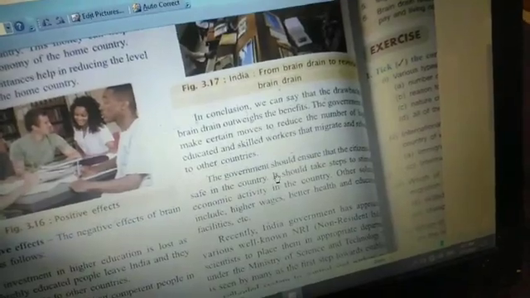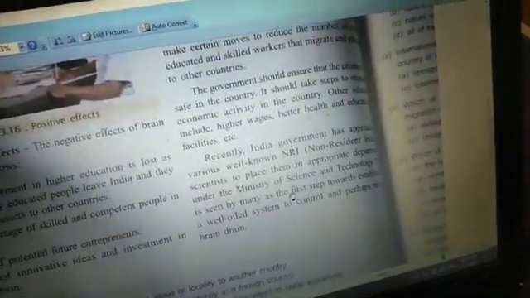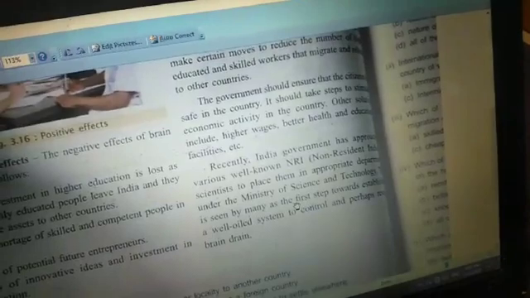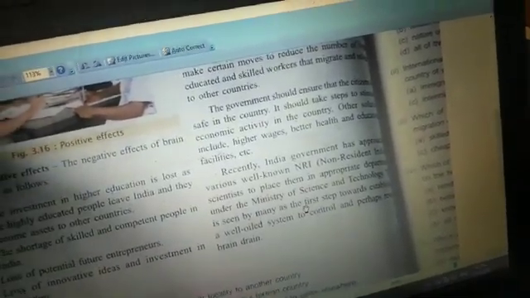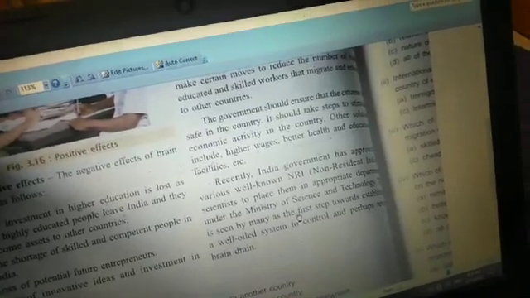So finally, what is the conclusion? Government should come up with a proper solution to stop our country people from going away to the other country. So what are the things we are supposed to do? Whatever things people are getting attracted to, we should start implementing everything in our own country itself.